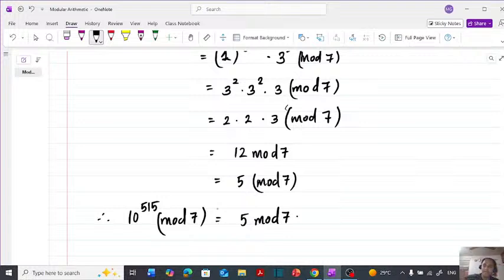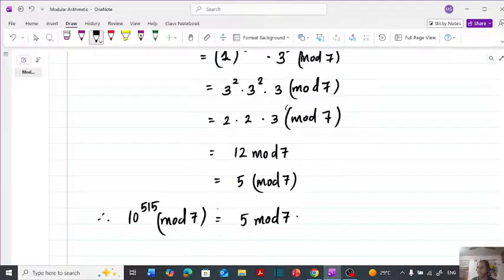So if you get good hands-on training of this, you will be able to understand how to manage the calculation. So all these things help you to understand whether we can do the calculations easily or not.